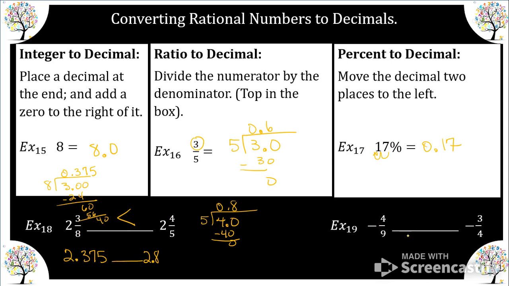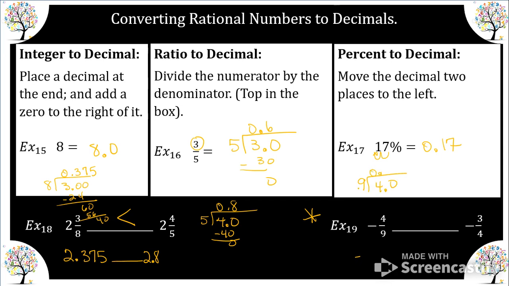Okay, now we're going to take a look at comparing negatives, and we remember we have to think the opposite here. So let's first convert them to decimals. I know my answer is going to be a negative decimal, so I'm going to divide 9 into 4.